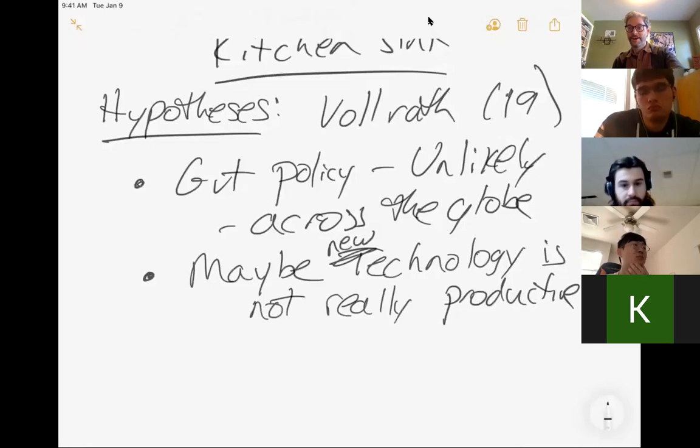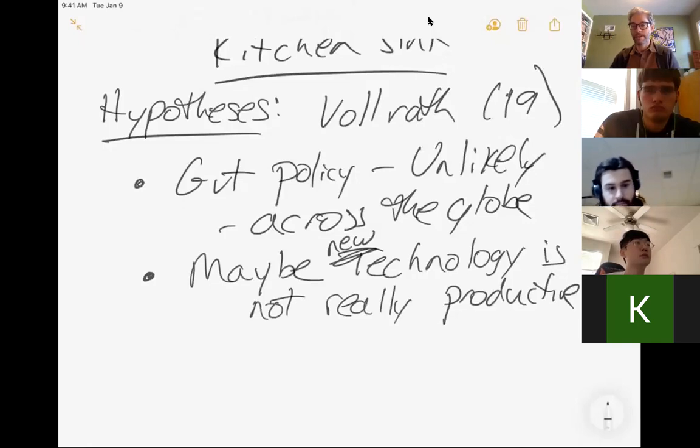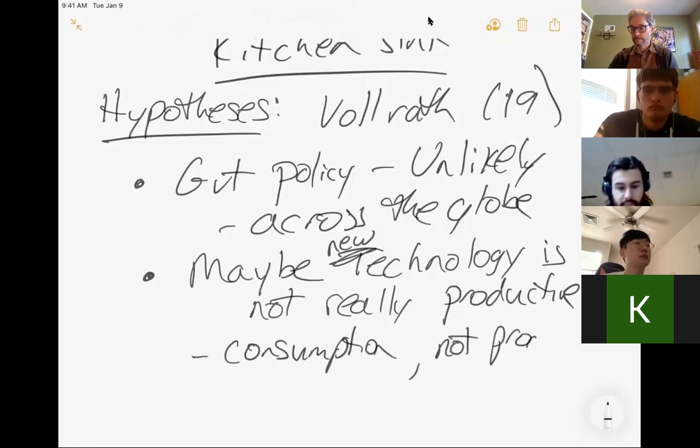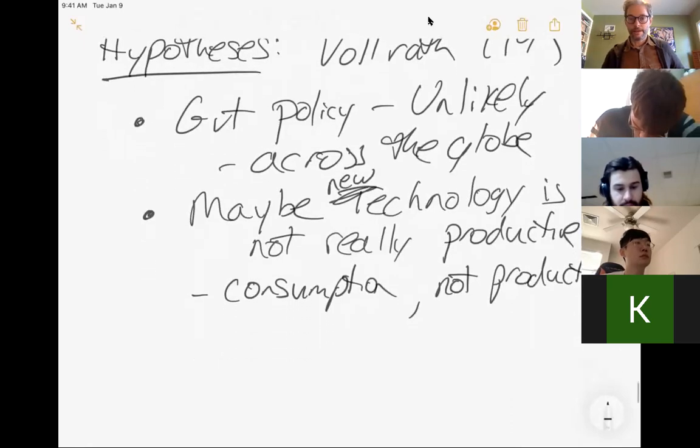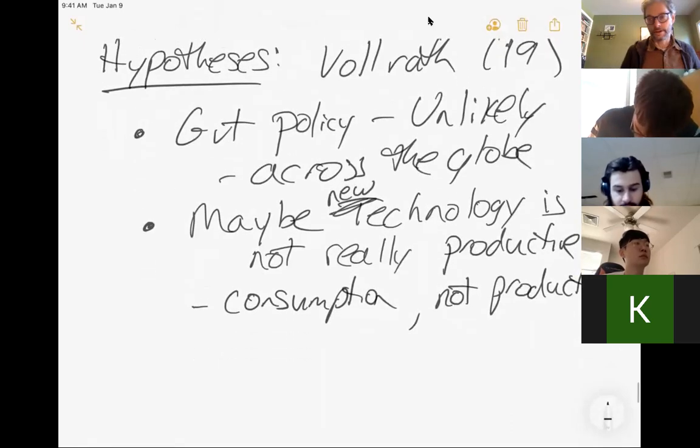So there is an argument, though I personally don't really buy this, that a lot of the technology is about consumption, not production. As I say, I kind of discount this a little bit, but I think that's just me.